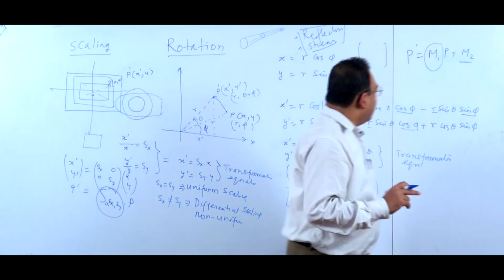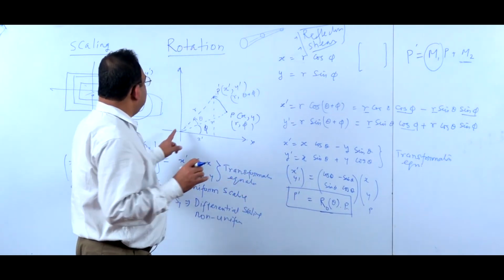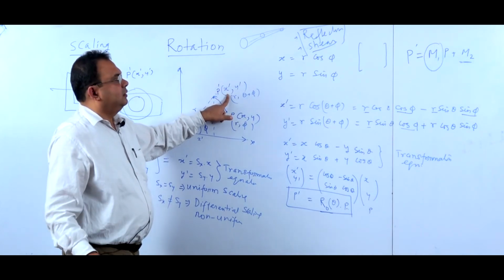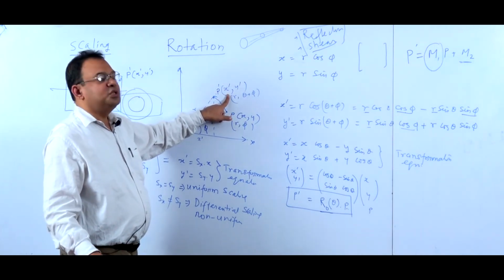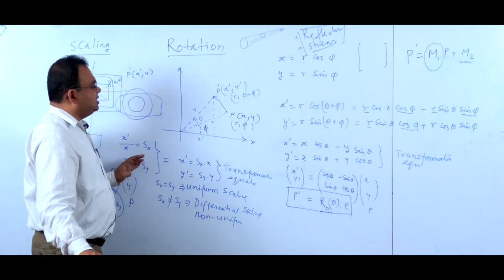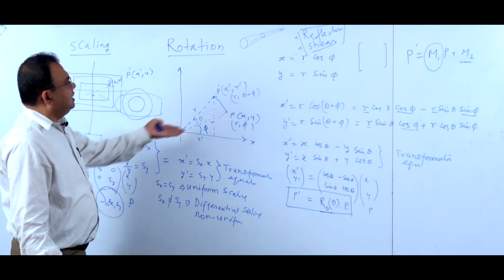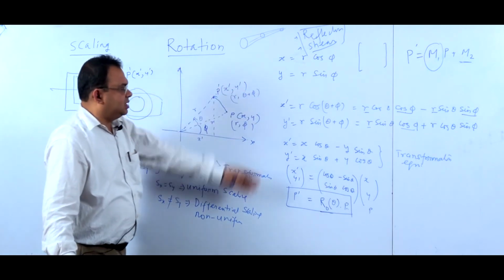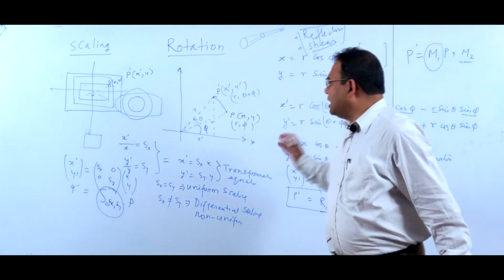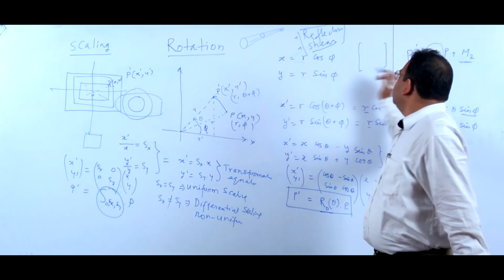That requires a slight change in the representation of the coordinate points, in terms of a new coordinate system called the homogeneous coordinate system. This concept is required because there is no homogeneity in the representation of these operations. In case of translation, we have represented the operation in terms of matrix addition.